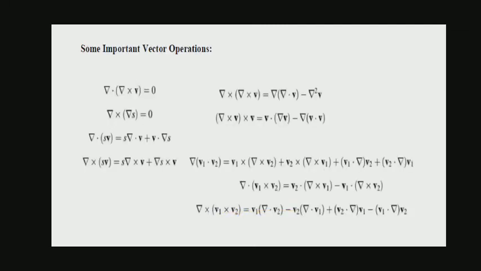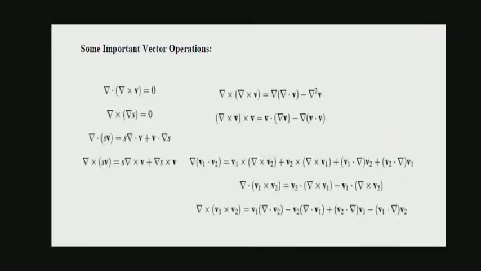Next, some important vector operations. So del dot del cross v is 0 and del cross del s is 0. Here del cross del cross v is, del is constant, del into del dot v, next v is constant, del dot del is del square.